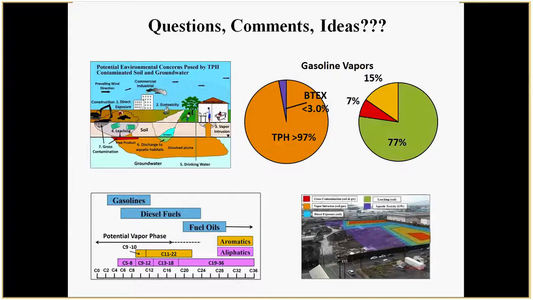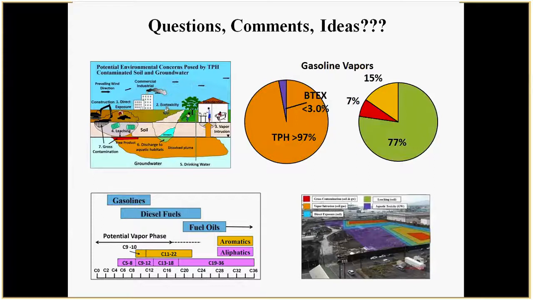Okay. Next question is in regards to measuring soil vapor and indoor air. What TPH carbon ranges for gasoline and diesel do you prefer reported for soil vapor and indoor air? Well, if you look back at one of the slides, we note the carbon ranges for volatile petroleum compounds. If you just look at the carbon ranges, it would be C5 to C8 aliphatics, and then C9 to C12 aliphatics, and also C9 to C10, maybe C12 aromatic compounds.